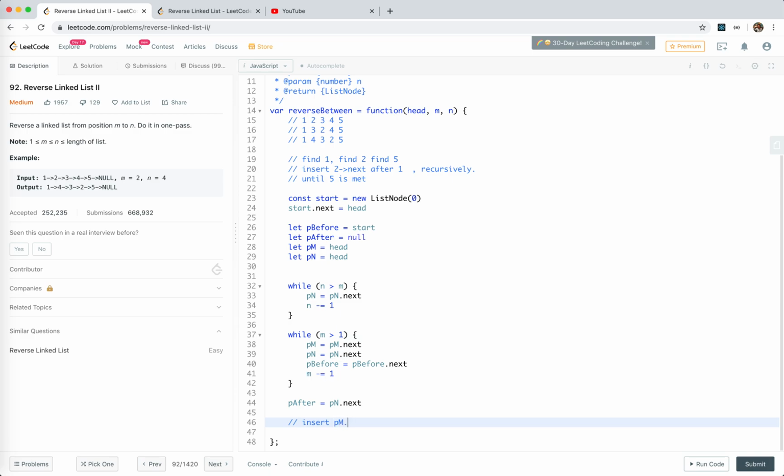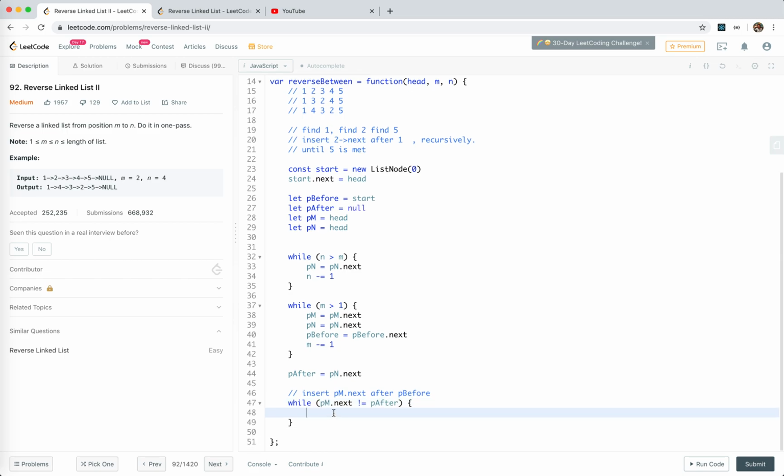Inserting PM's next after P before. So while PM's next is not P after, which is very clear, right?